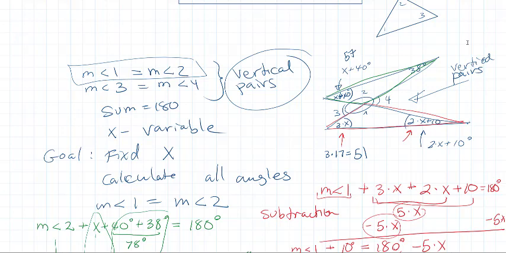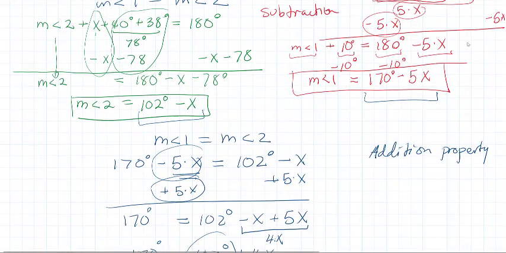This one here is 2 times 17, which is 34, plus 10, which is 44. So we have the different angles, and we can also make sure and check that the results for angle 1 and angle 2 agree, so that our vertical pair here is indeed equal. This will take a little bit of time, and I really suggest that you actually do that, but I won't use our time here on the video to check.